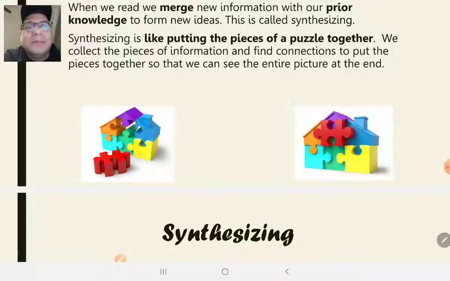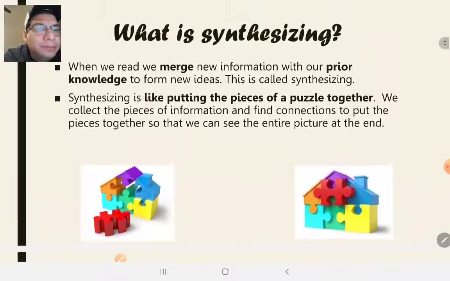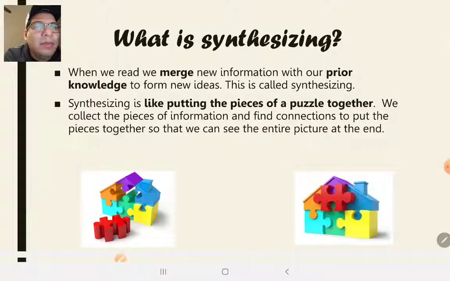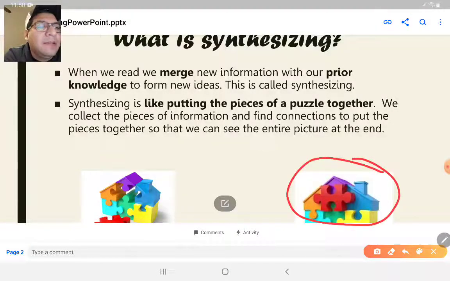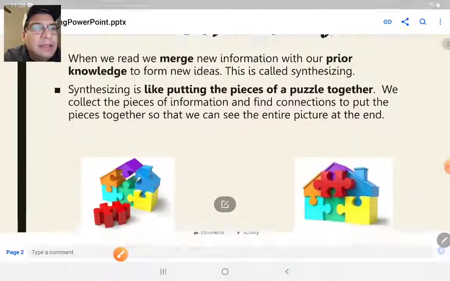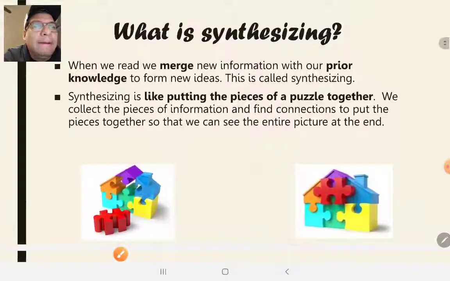And they don't make sense, because just like in a puzzle, once you start putting one, two, or three pieces together, then they start making sense, right? Here, on this picture, we can identify that once the big pieces are together, it actually makes sense and it's a house. And when it comes to synthesizing, it's pretty much the same thing.